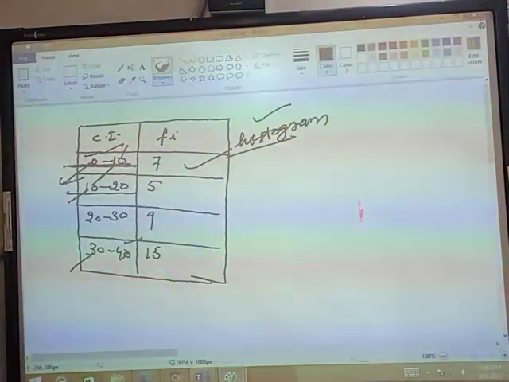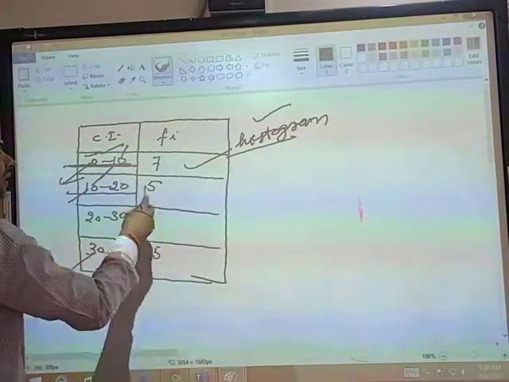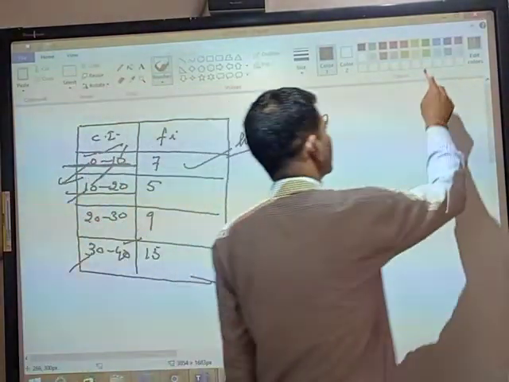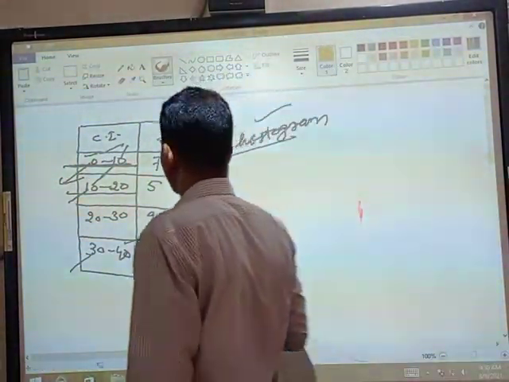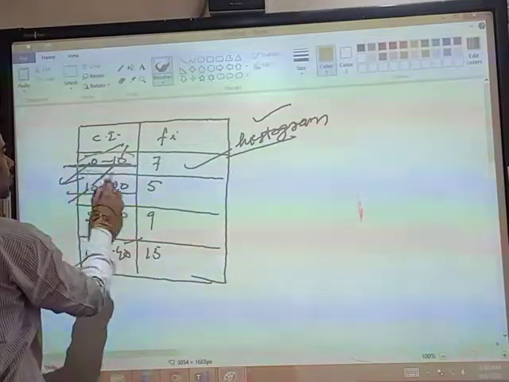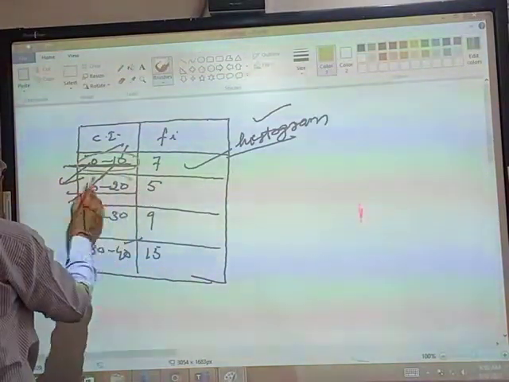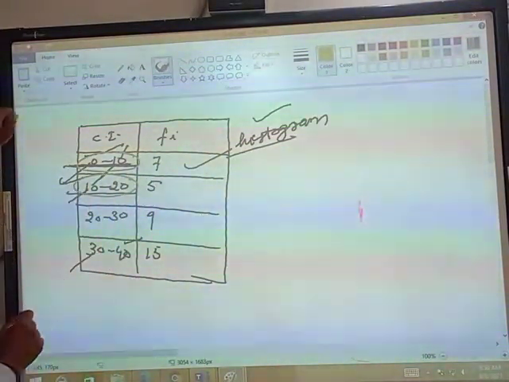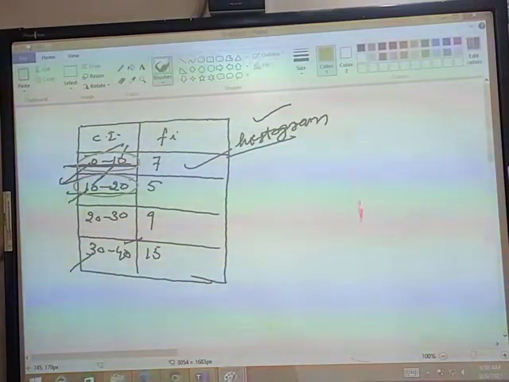Okay? How is the given data continuous? Continuous class interval. It is your first class interval, and it is your second class interval.